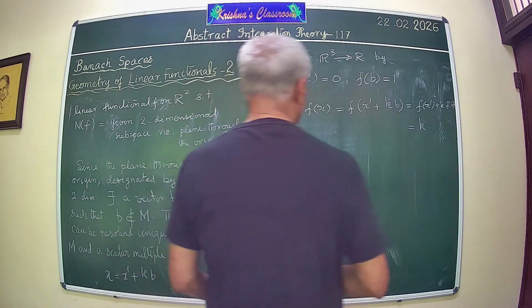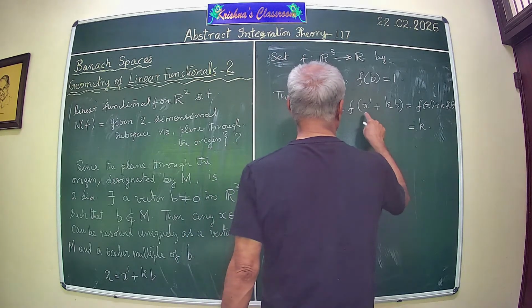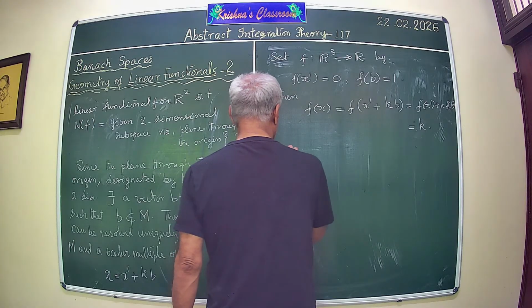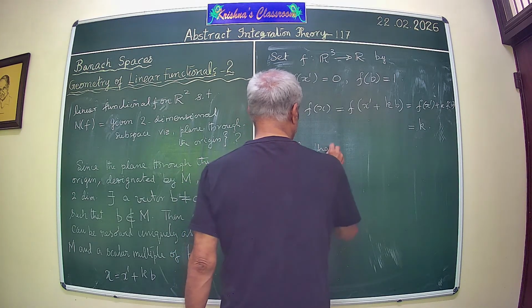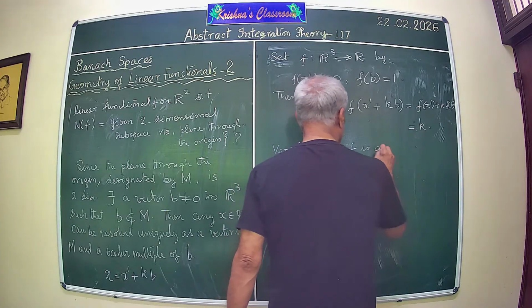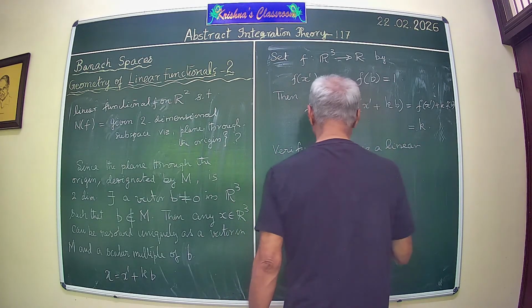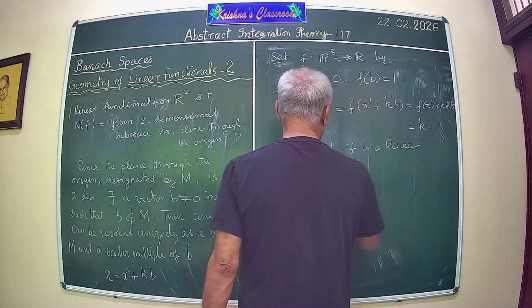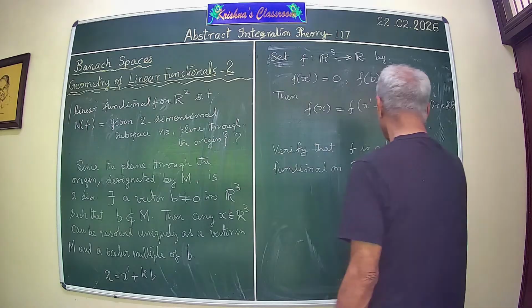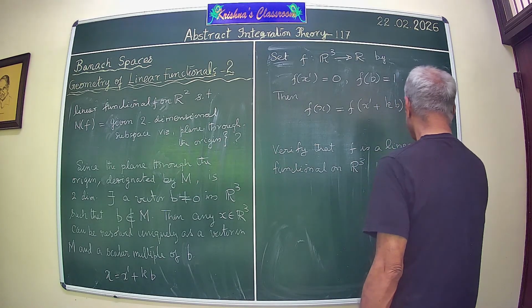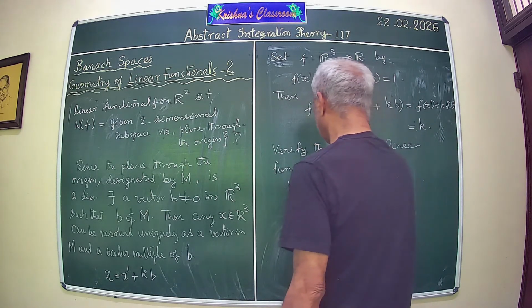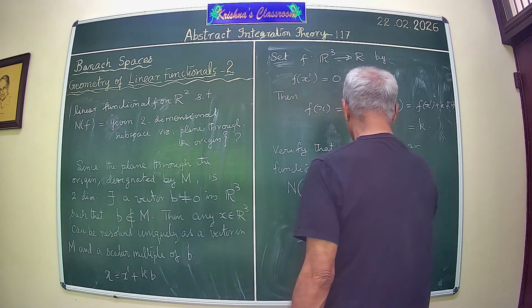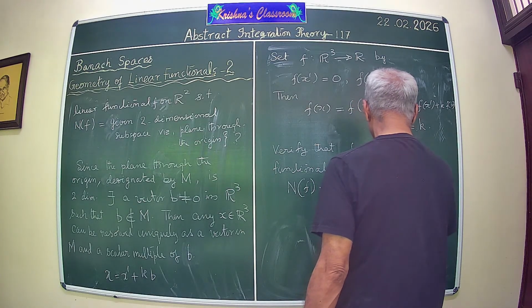Right. So for each x there is an x prime and a k. So you have verified that the linear function with null space of f is zero.